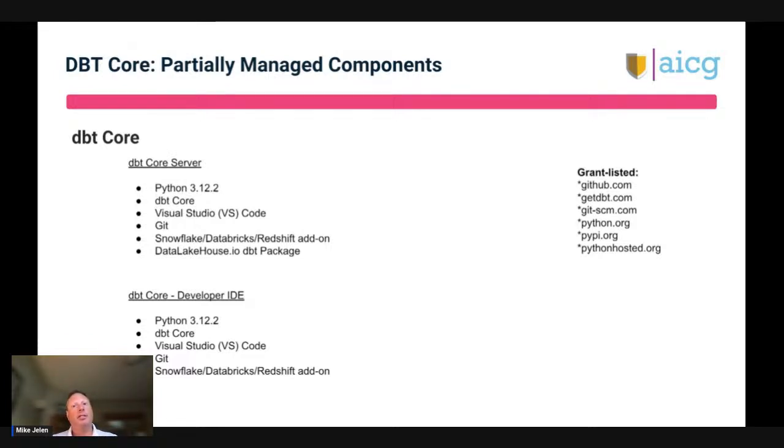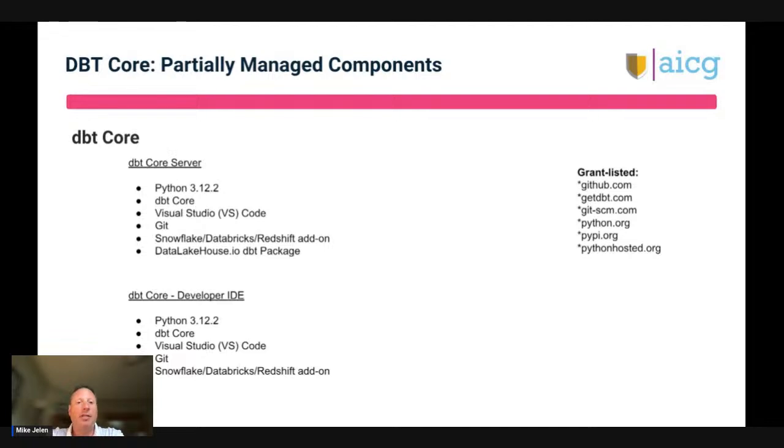And of course, every organization that has a VM should not have that VM completely exposed to the internet, where traffic can come from anywhere and everywhere. You should have a grant list on the server and the developer's IDE. In that grant list, there are a number of different hosts that you will need to make sure are granted in.